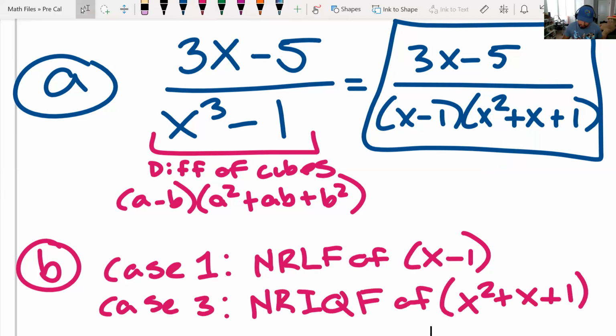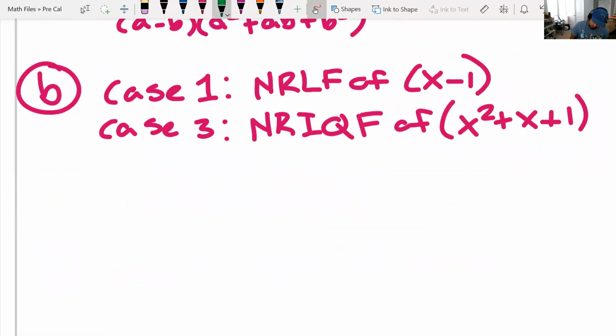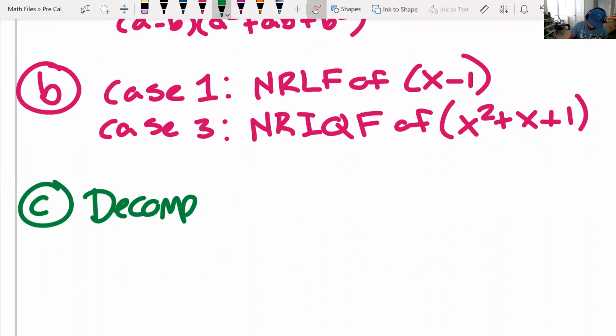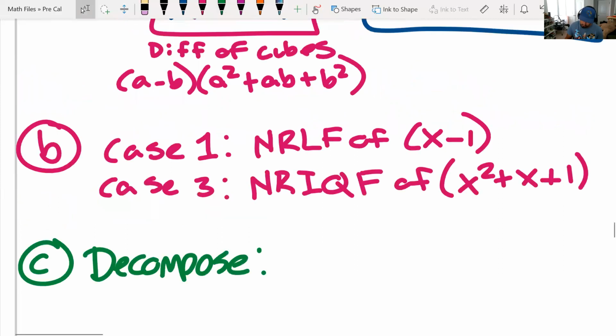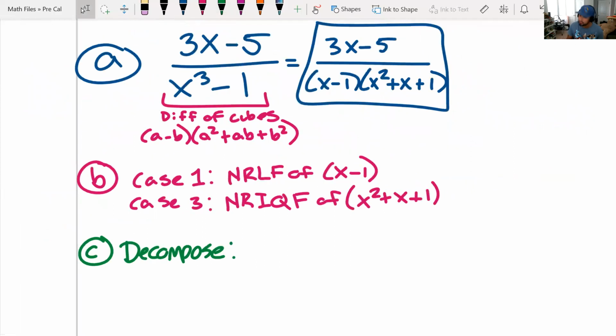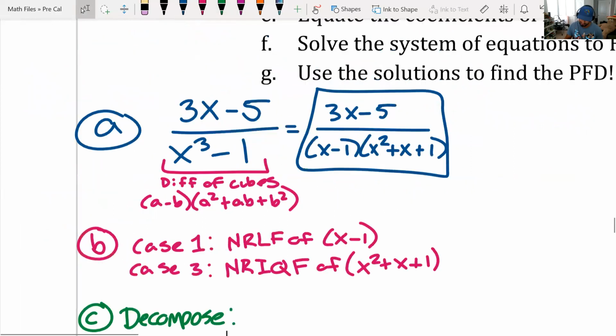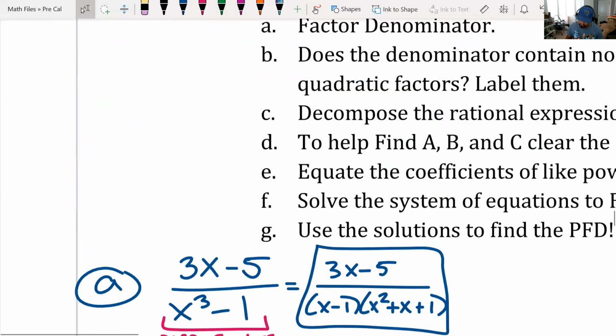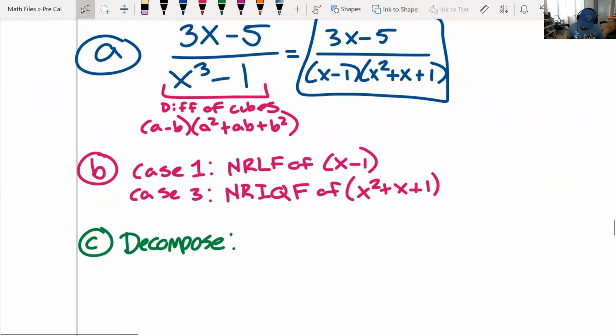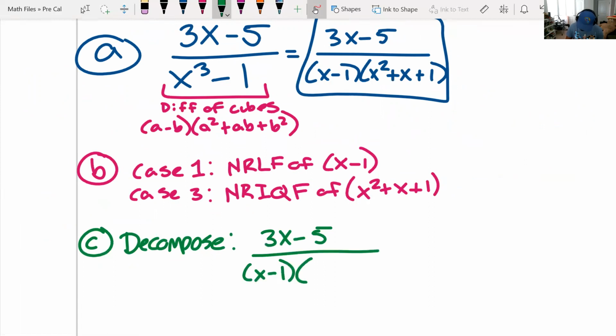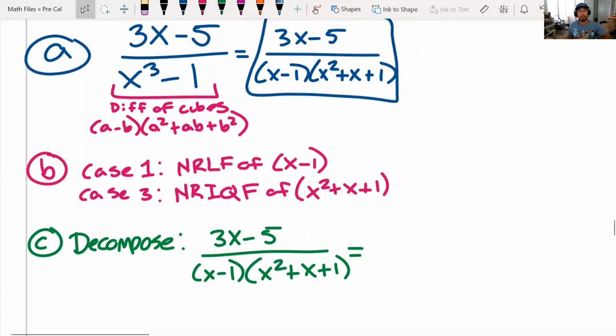So let's get ready for the breakdown, the decomposition. Start with the correctly factored and correctly written 3x minus 5 over that. I like to go in order by cases.